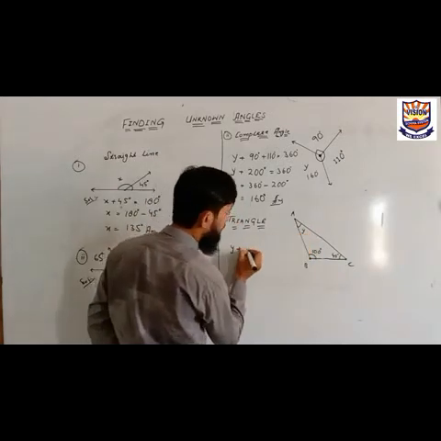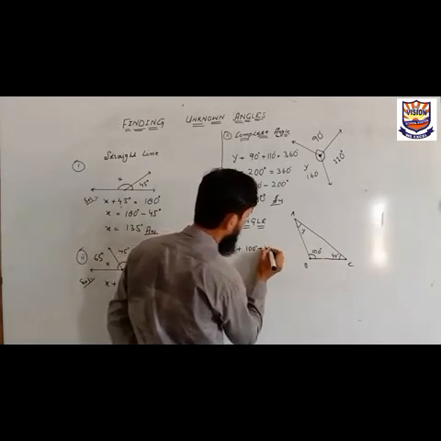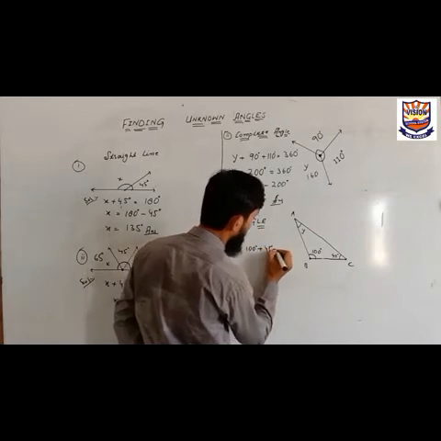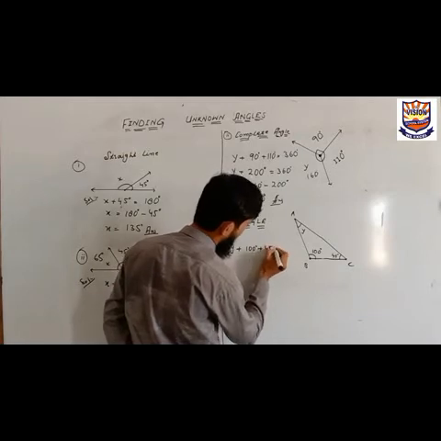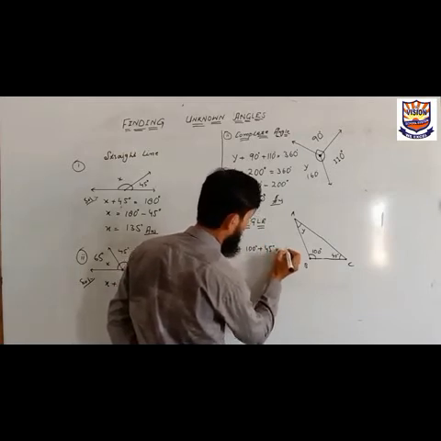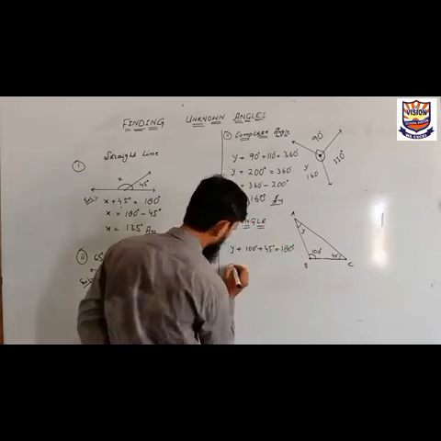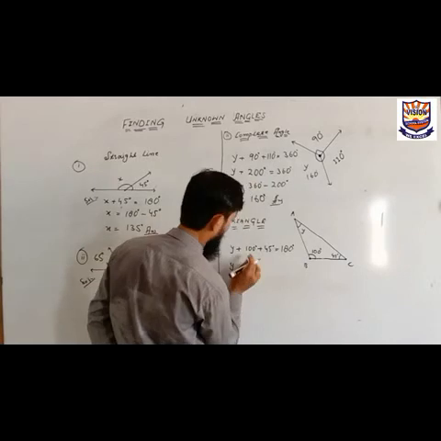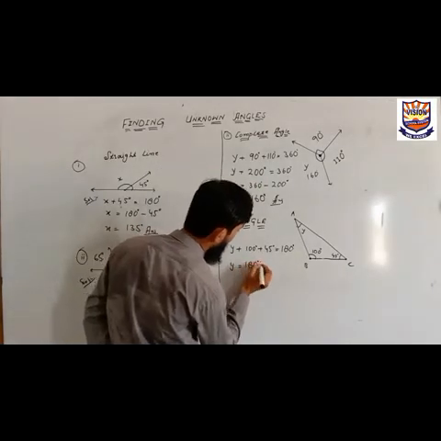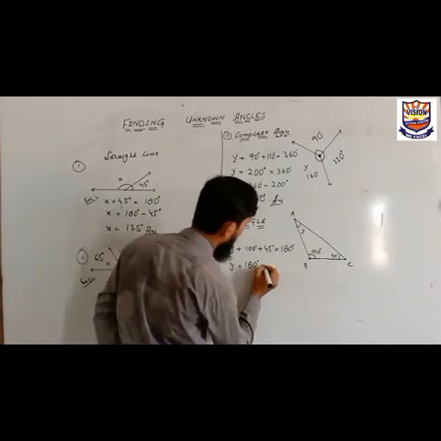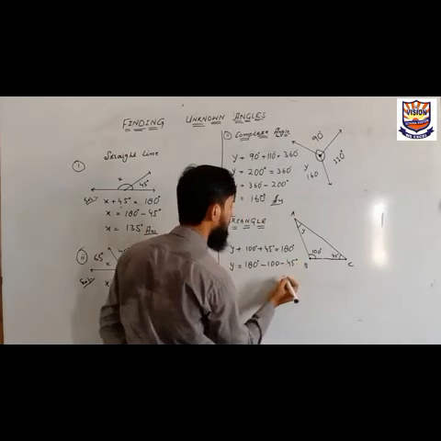So y plus 100 degrees plus 45 degrees is equal to 180 degrees. So y is 180 degrees minus 100 minus 45.